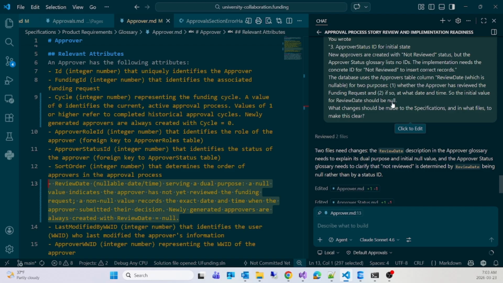I explained it and then asked what changes should be made to the specifications and in what files to make this clear. And it thought a bit and then came up with 2 changes that it felt necessary. And one was the one that you said, see here, it rewrote this particular part so that it's now crystal clear.